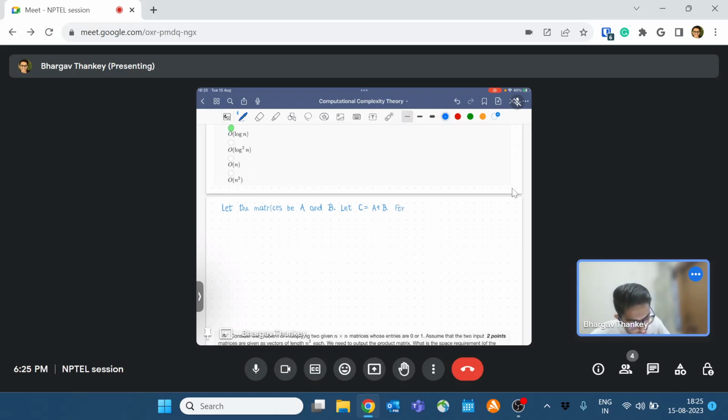I will index the matrices from 1 to n instead of 0 to n minus 1. For all i, j in [n], we need to compute and output C_ij and write it on the output tape, right?